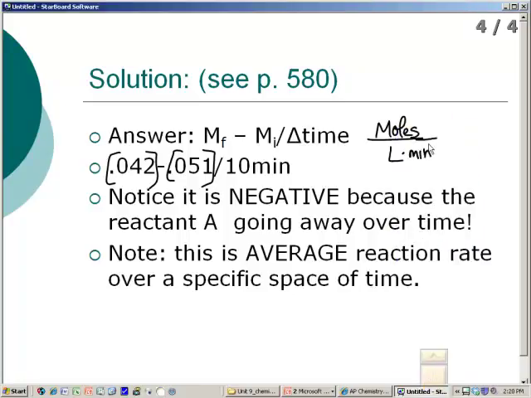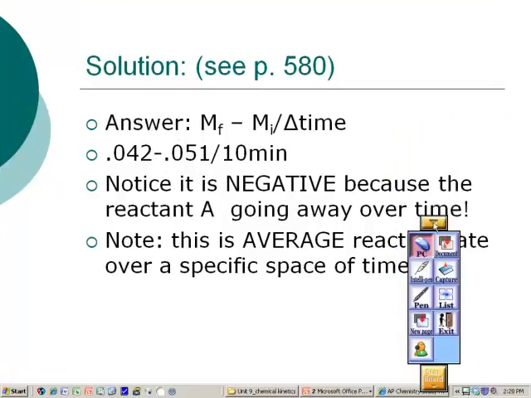Okay, so your reaction rate will look very similar to this. It will either be moles per liter minute or moles per liter second, and if you're really, really lucky, you might get moles per liter per millisecond, which is really fast. And some reactions really are that fast. It's pretty instantaneous on some of them. All right.